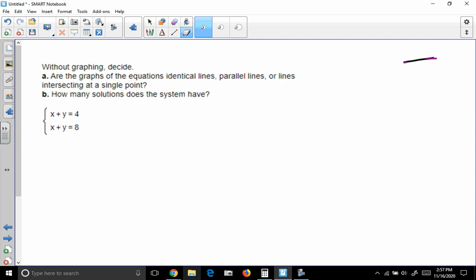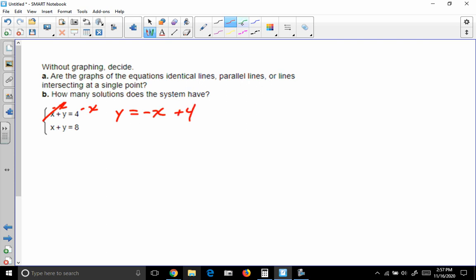So what about this one? If we solve the top one for y, we would subtract x from this, and we would get y equals negative x plus 4. For the bottom one, if we subtract x from the side, we would get y equals minus x plus 8.